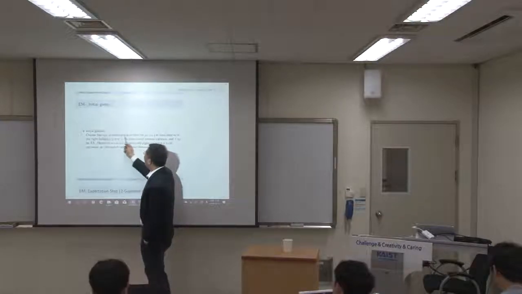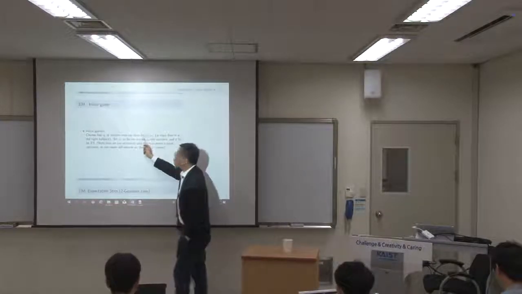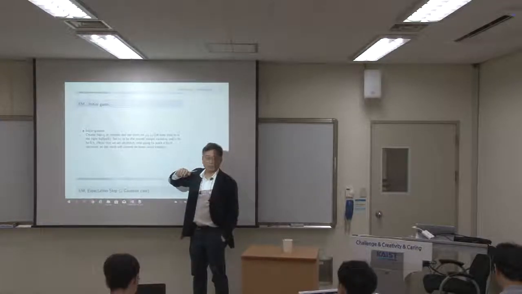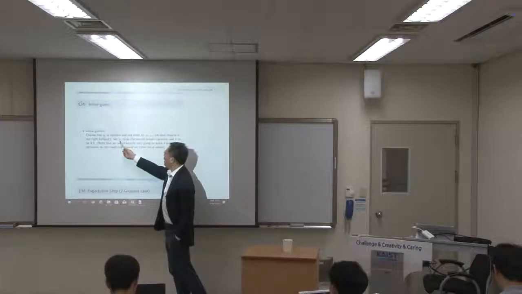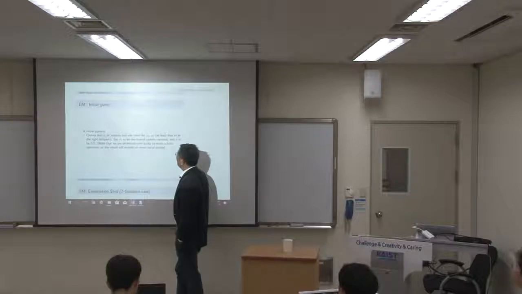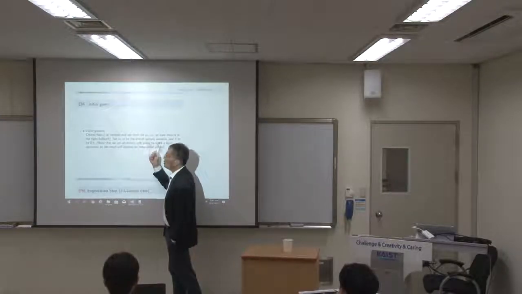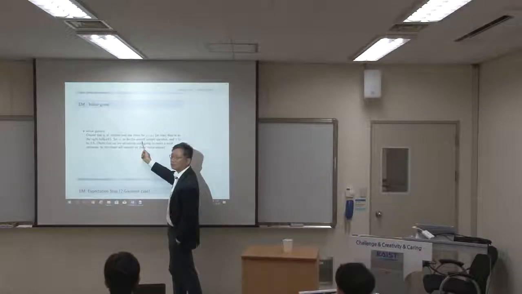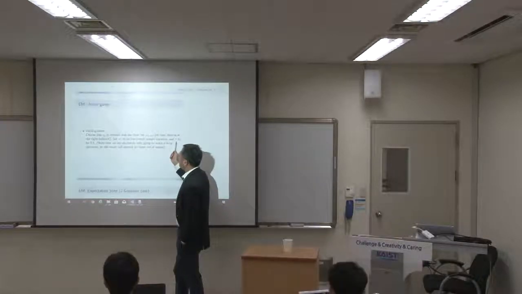Choose data at random and use that for the mean. Okay? And for the variance, you choose the variance of the whole data over all the samples. And pi, you usually choose as half and half.